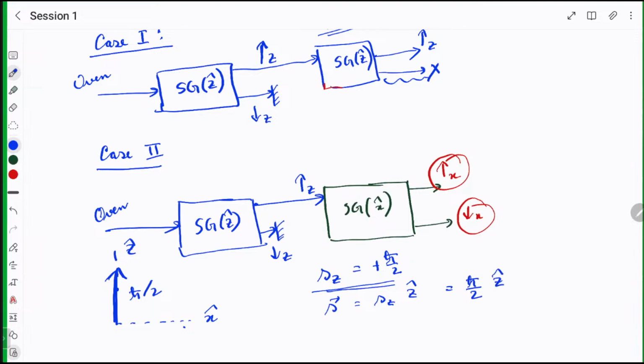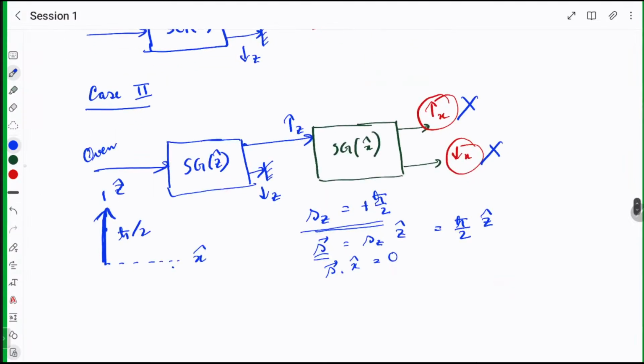Now the component of the s vector along x is 0. So neither this nor this should come out according to theory. This is what we expect according to classical mechanics.